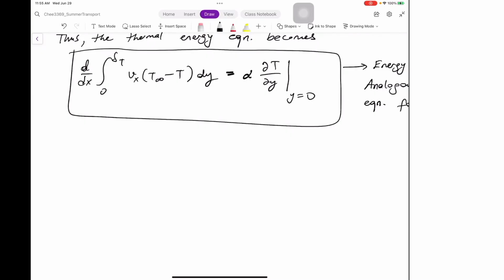Okay. Now let's do some simplifications. Let's define theta is equal to t minus t wall divided by t infinity minus t wall. The reason is basically I want to also temper my boundary conditions.